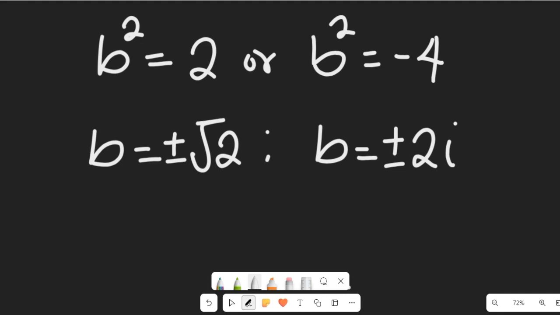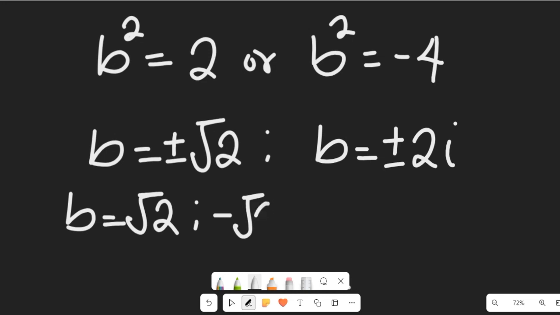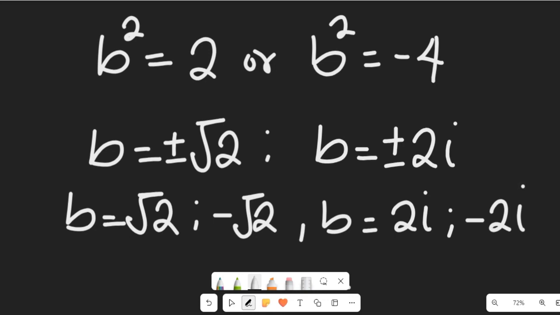So the value of b will be equal to the square root of 2, or the negative square root of 2, and b is equal to 2i, or it can be negative 2i.